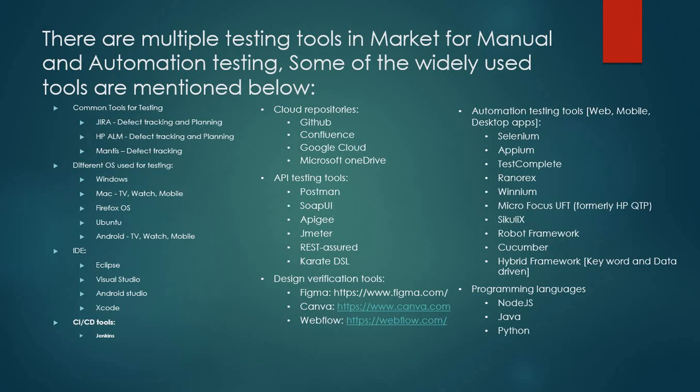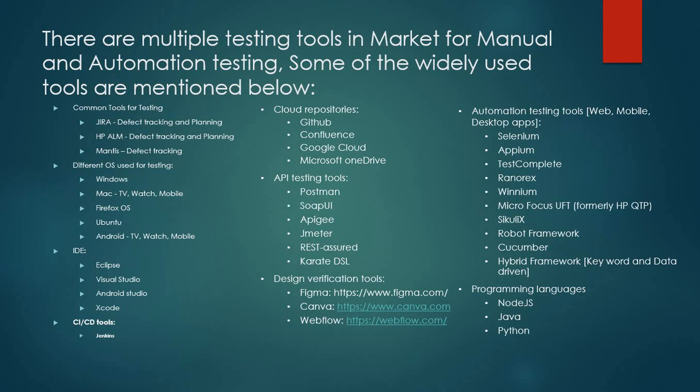Let's move to the next one, IDEs. When you say IDEs, there are multiple IDEs available in the market. It may be open source, it may be freeware. It depends on the project what type of IDE we are using. If it is secure banking, we cannot use open source tools for that. So it will be a paid tool, and if there is customer data involved, and the company doesn't want to share the data, in all those cases, we use a paid version of the tools.